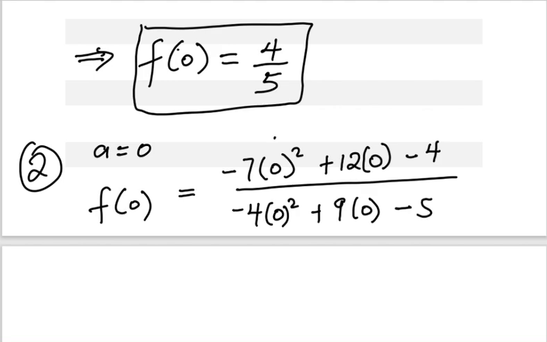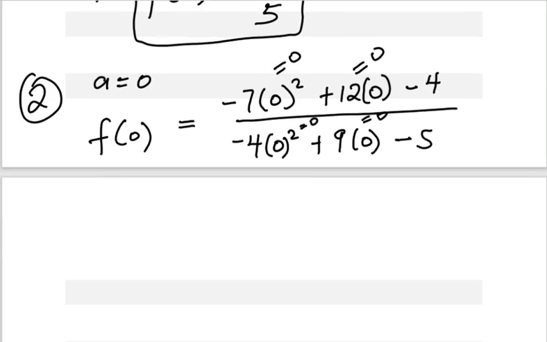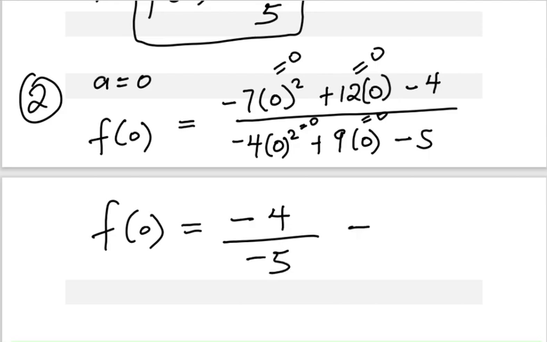So we know this is 0, this is 0, this is also 0, this is 0. So what we have left is that f of 0 using the second function is negative 4 all over negative 5, and this is 4 over 5.